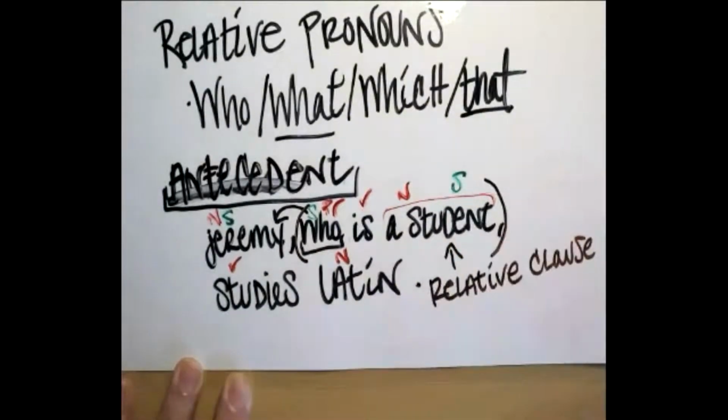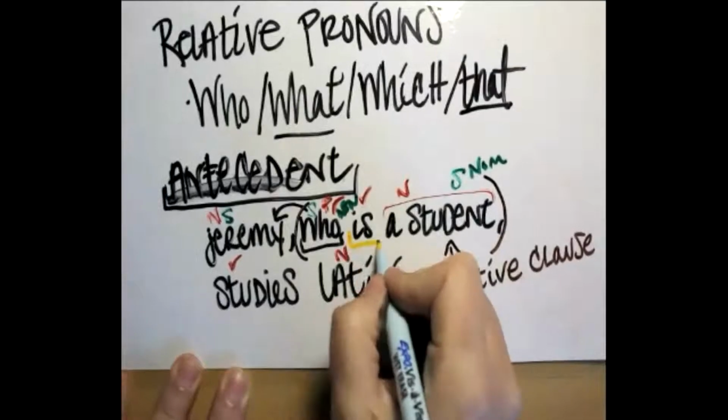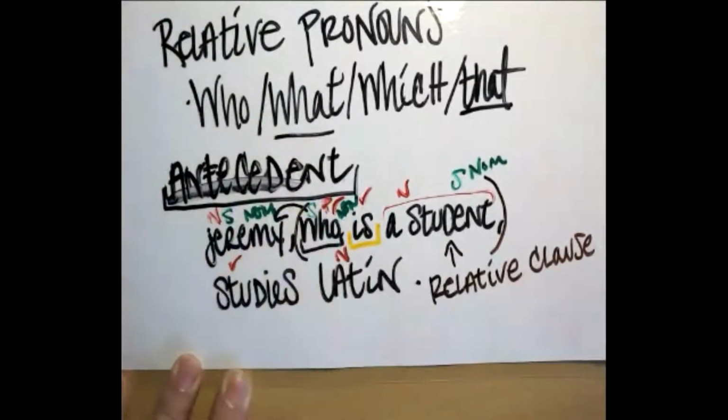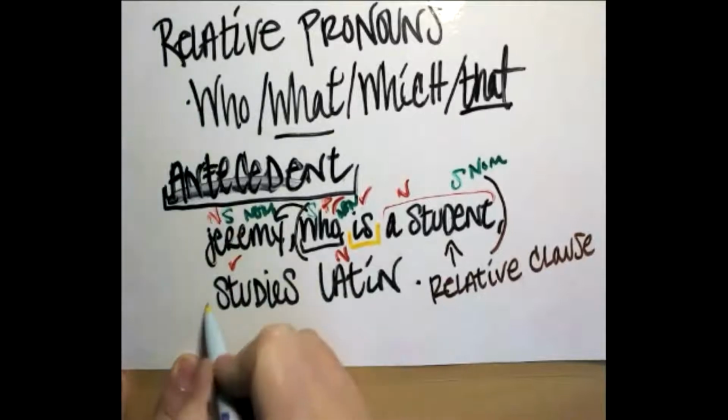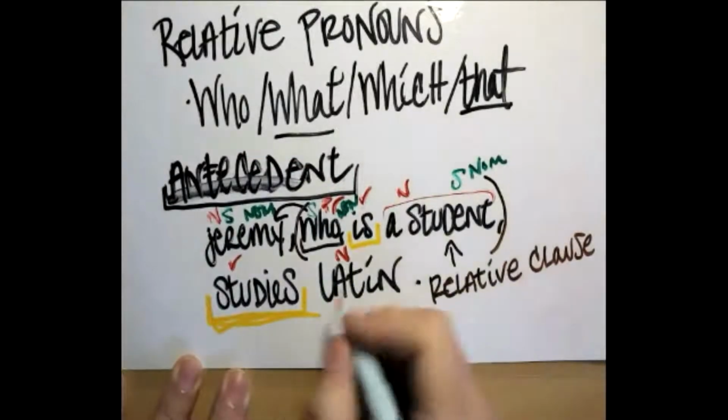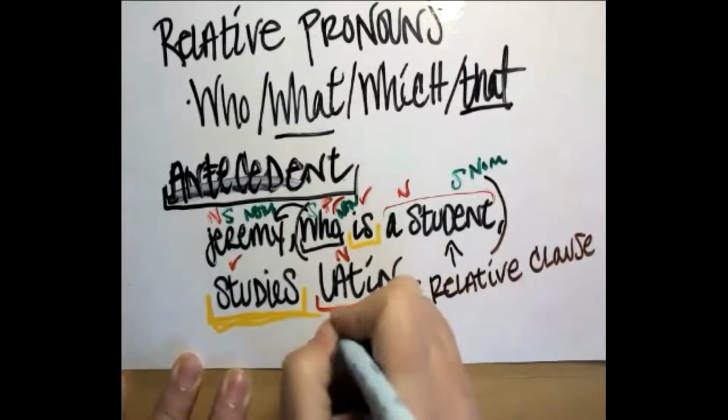That is a nominative, that's a predicate nominative. Our verb here. Jeremy is the subject, he'd be in the nominative. This would be his verb, the action he is doing. And then Latin here, this would be our object.